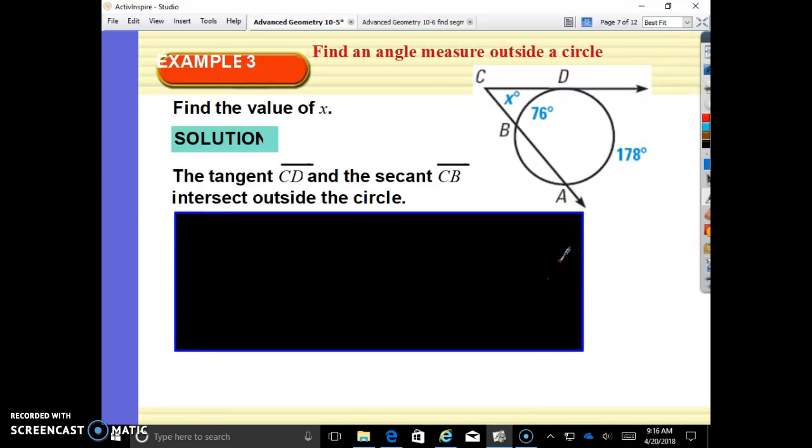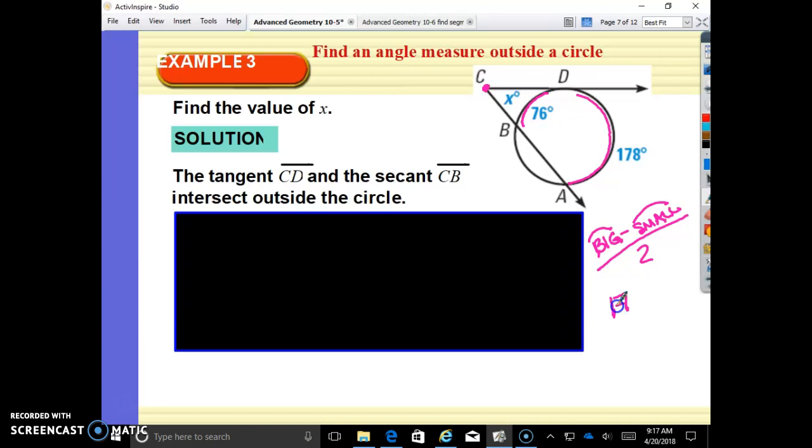Find the value of x. So, another rule. When the angle is exterior, outside of the circle, then you're going to do big arc minus little arc, divide by 2. So it's big minus small, divide by 2.